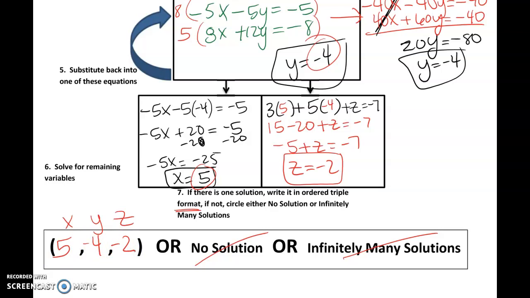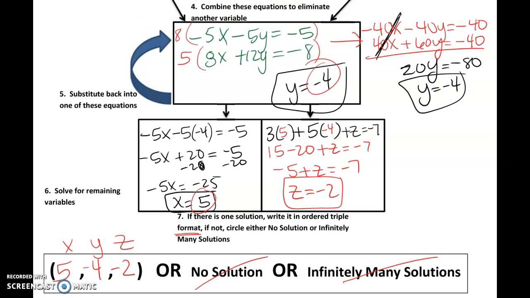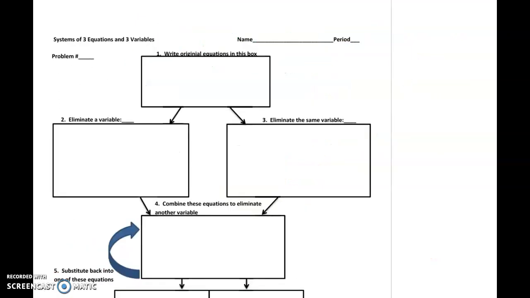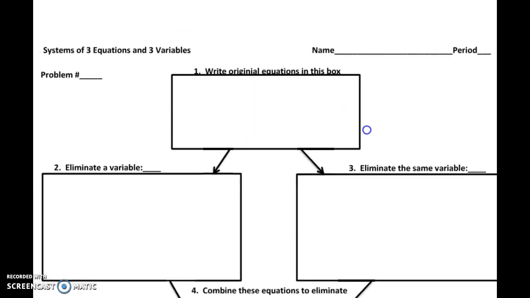So I'm going to do another example so that we can get some extra practice with this.